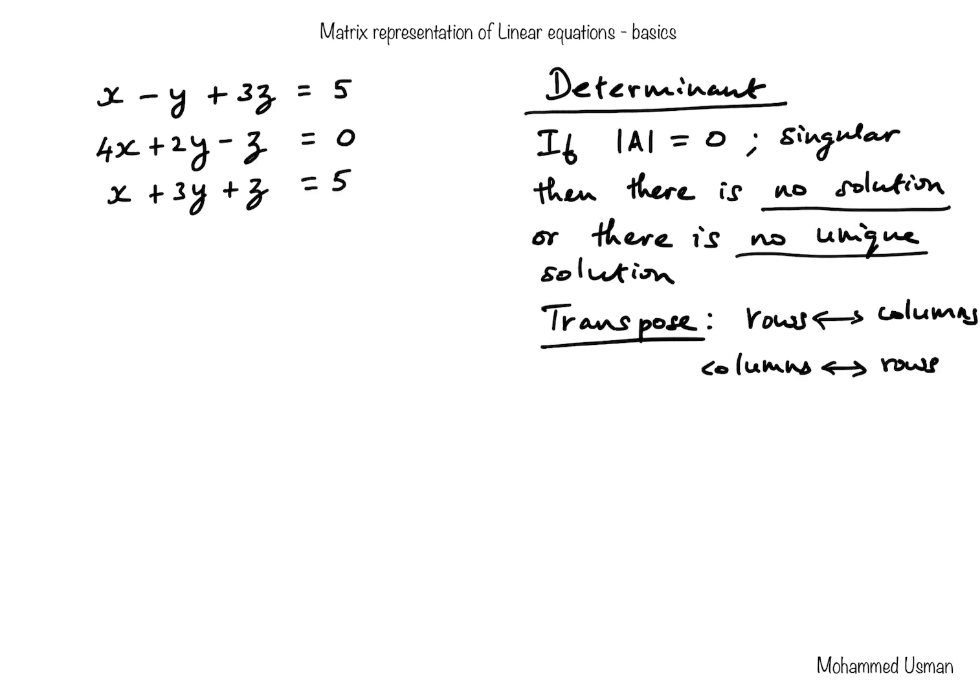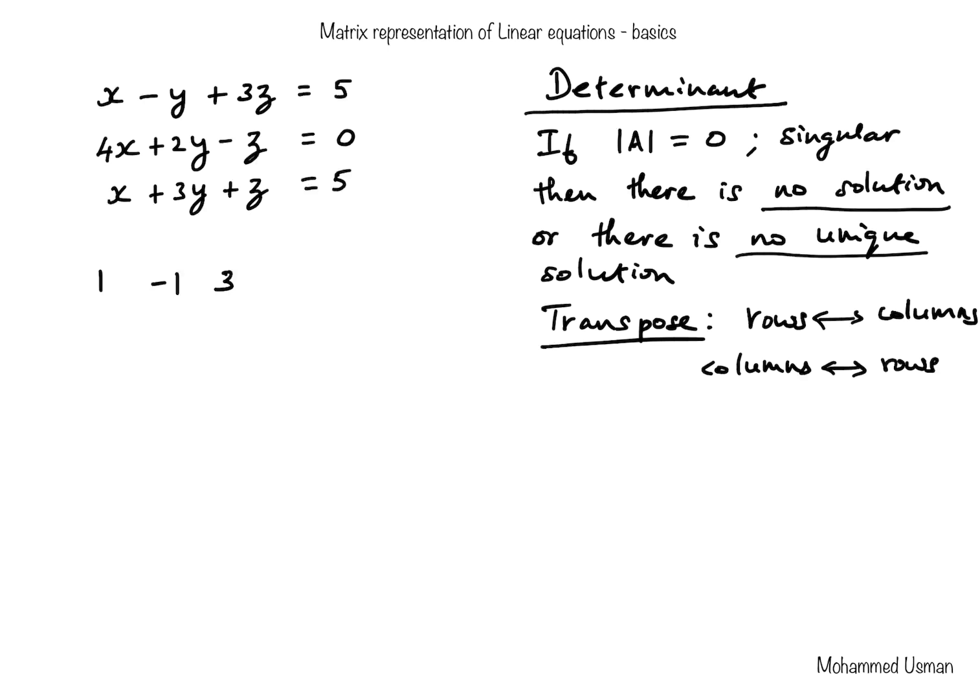single matrix equation. So we'll first write the coefficient matrix of these equations, and if you recall from the previous video, the coefficient matrix is nothing but writing the coefficients of the variables x, y, and z in a matrix form. So in the first equation, the coefficient of x is 1, the coefficient of y is -1, and the coefficient of z is 3.